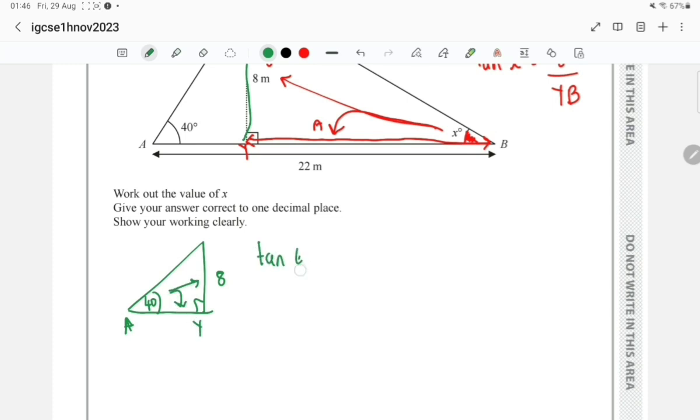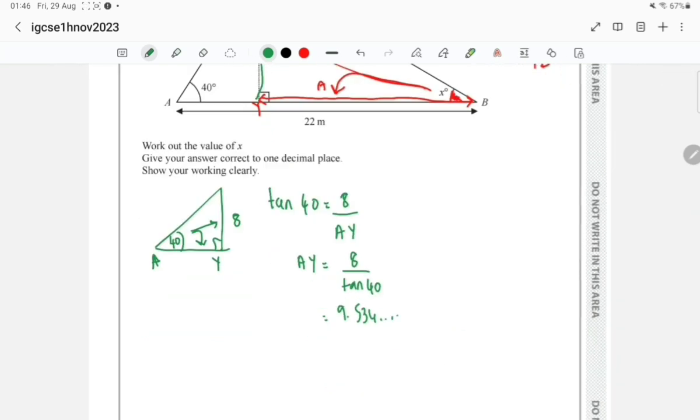So tan of 40 will be equal to 8 over AY, right? So AY would be equal to 8 divided by tan of 40. In my calculator, this gives 9.534... I don't clear my calculator, I leave it as the answer.